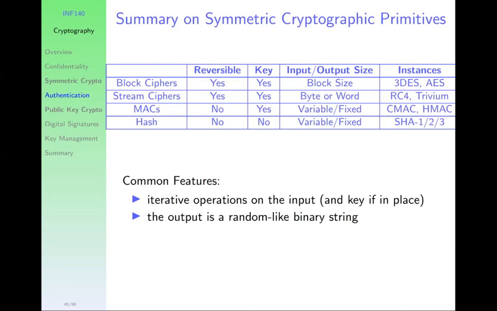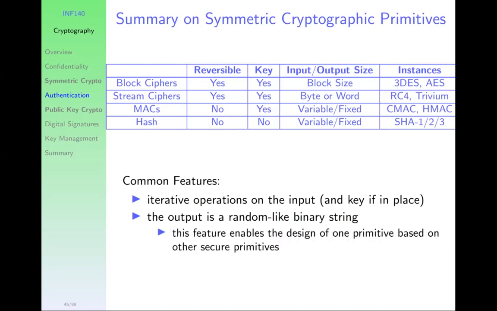So that's the basic requirement of cryptographic primitives. Another advantage of this basic requirement is that such a feature enables us to design new primitives based on existing secure primitives. It's like HMAC.